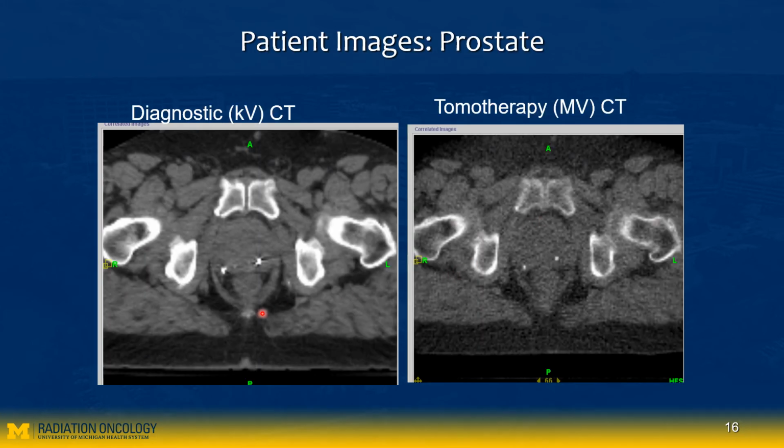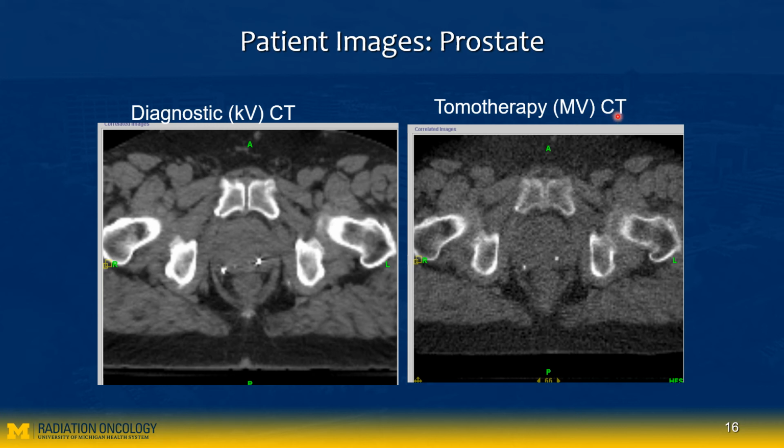Just for your comparison, on your left you have a regular diagnostic or CT sim quality CT, and on your right you have tomotherapy megavoltage CT. One thing you notice is the image is grainier. The other thing, you might call it an advantage, is significantly reduced image artifact from the fiducial gold markers. These are metal, so in kilovoltage diagnostic style CT you see this streak artifact.